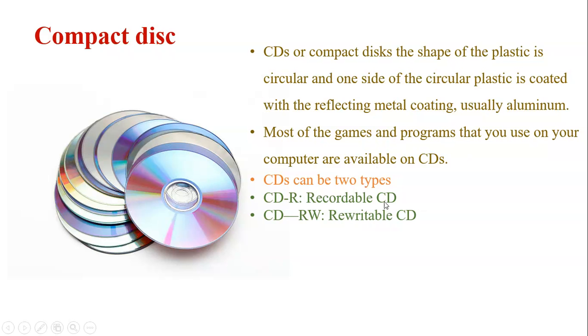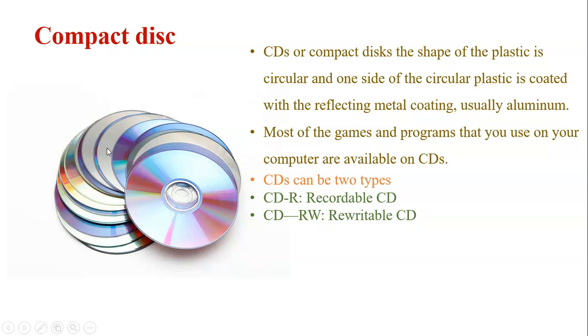It is a recordable CD. CDR means recordable CD. And CDRW, CDRW means what? Rewritable CD. So again in CDs we have two types: CDR, which means recordable CD, and CDRW, which means rewritable CD.